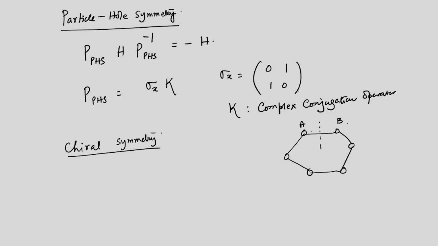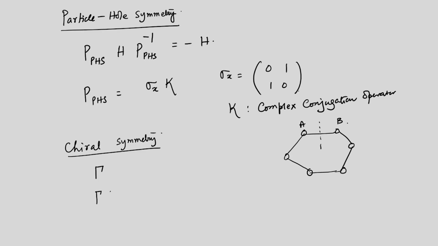So, if A changes over to B or B changes over to A, it's like an inversion about this dotted line. Then the Hamiltonian remains invariant because both of them correspond to carbon atoms. Okay, this is a particular example in graphene, but we'll see more examples, particularly tight binding Hamiltonians. At this moment I do not want to elaborate on it much, but a similar operation we denote by tau. So, this is a chiral symmetry operator.